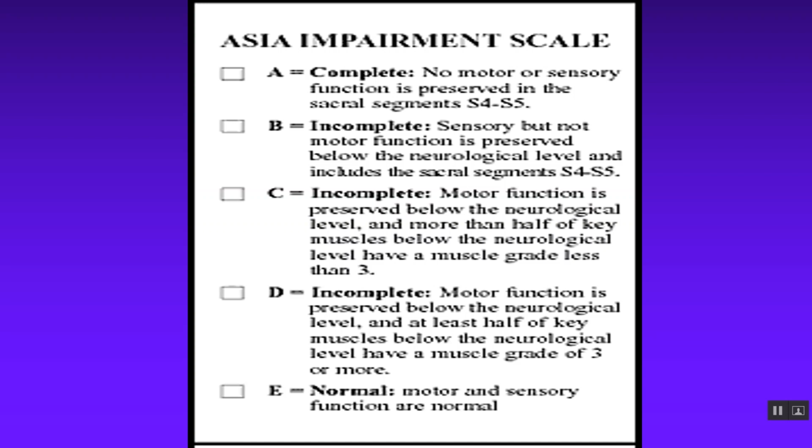So there's some motor function preserved below the level of injury, and more than half of the key muscles, so there are key muscles. This assessment is done very specifically. You assess certain dermatomes and certain myotomes. You basically do a myotome and a dermatome screen in a very specific way. More than half the key muscles that you assess below the level of the neurologic injury have a muscle grade of less than 3. So they have some function, but it's still weak. They can move the muscle, but it's less than a 3.